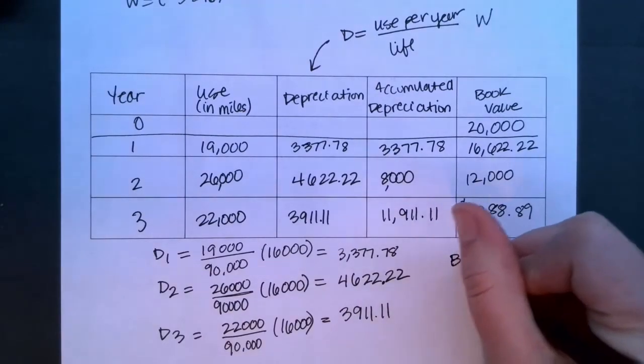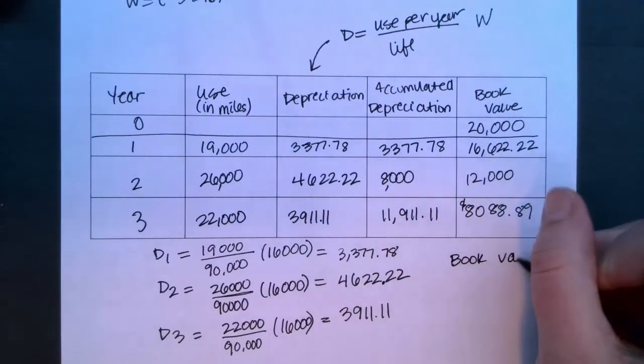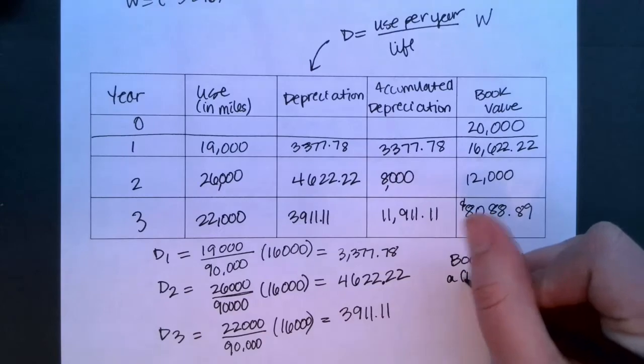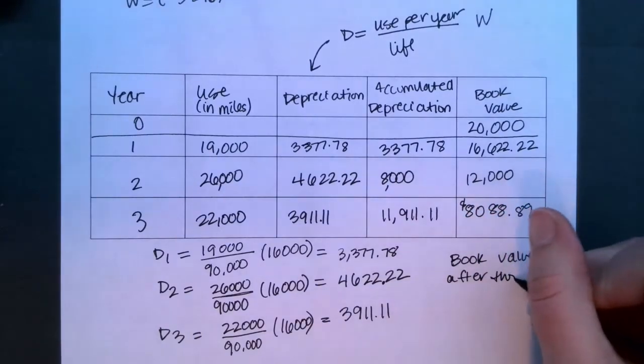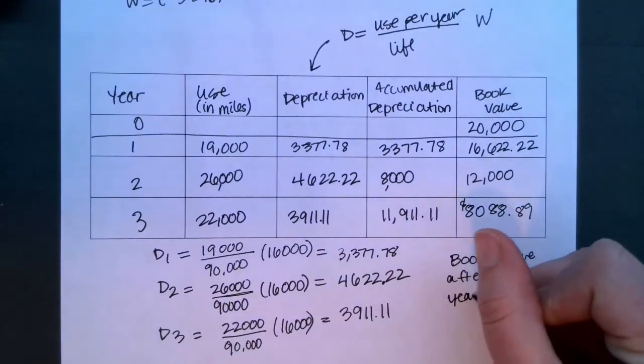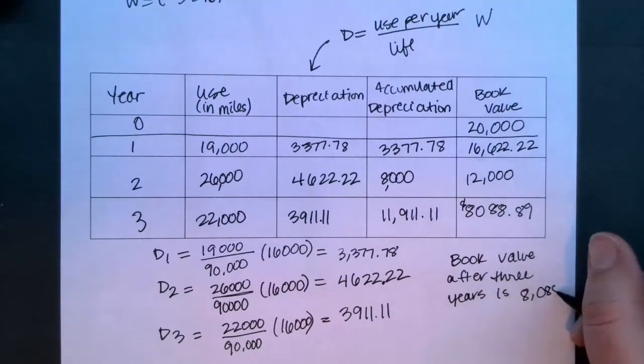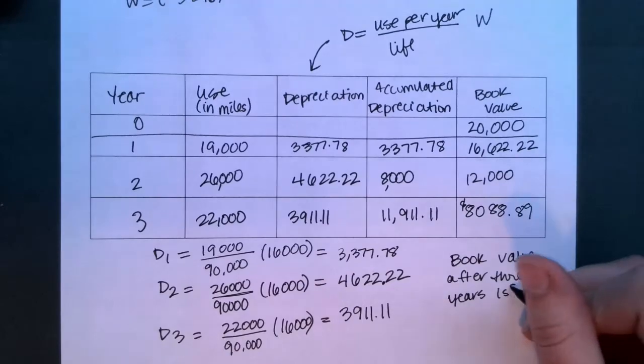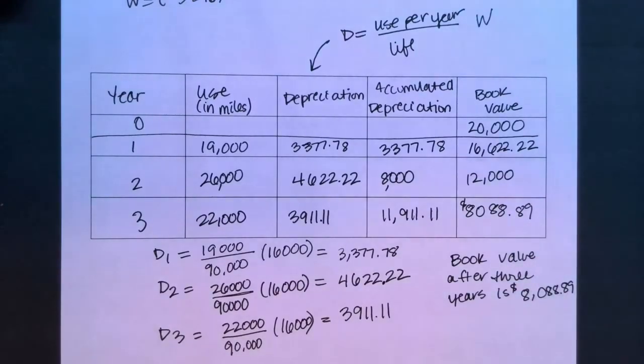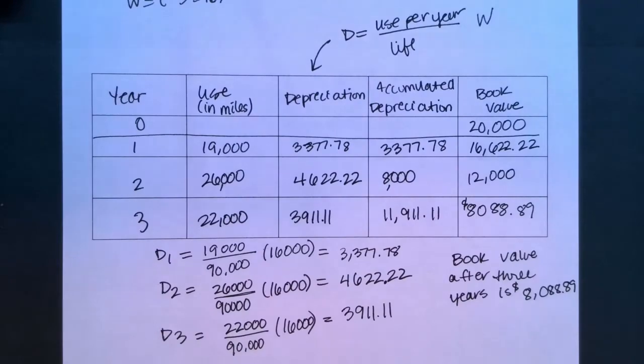So the book value after 3 years would be $8,088.89. And again, here is the sum of our uses to get where that's left.